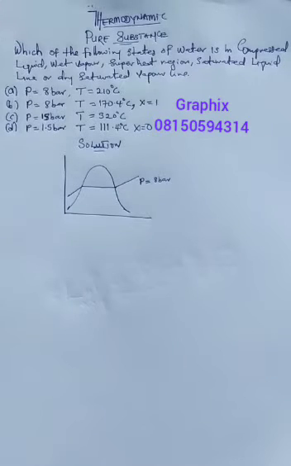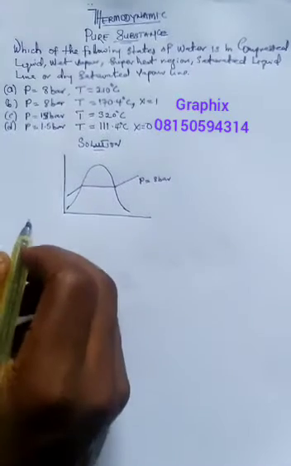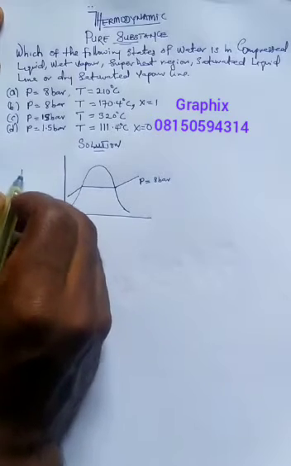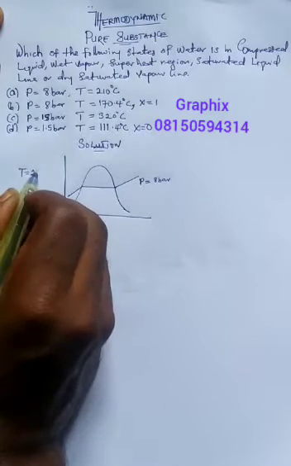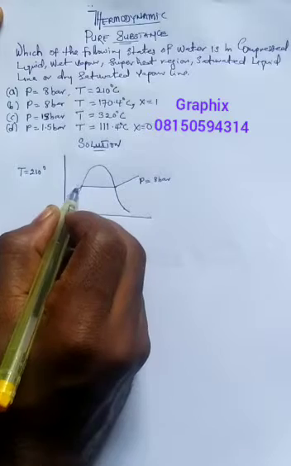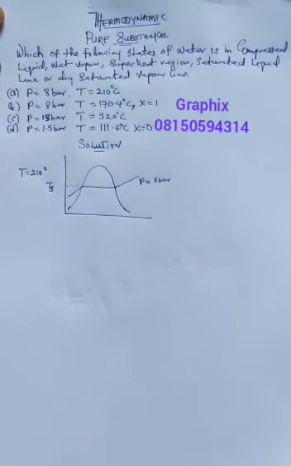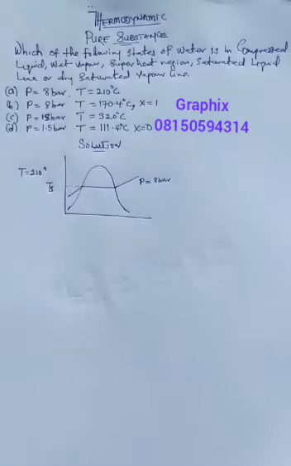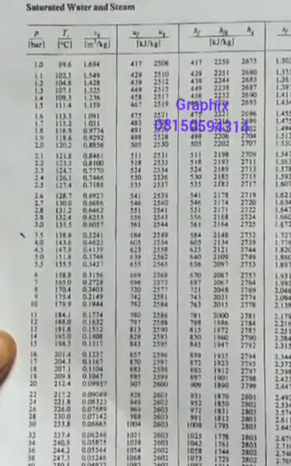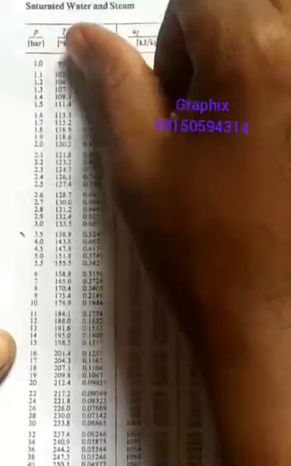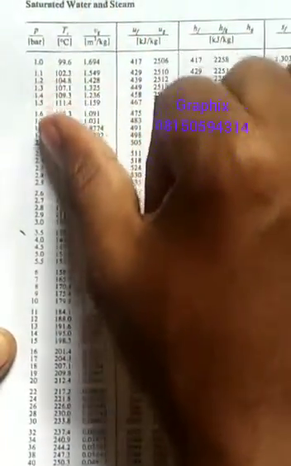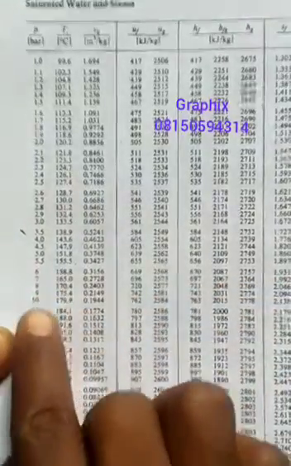So how are we going to do it? We're going to check our steam table. Since the temperature T is equal to 210 degrees, what is the saturation temperature? Now let's check. So we'll go to our steam table. You check the pressure. This is the pressure column. You go to the pressure column and check 8 bar.